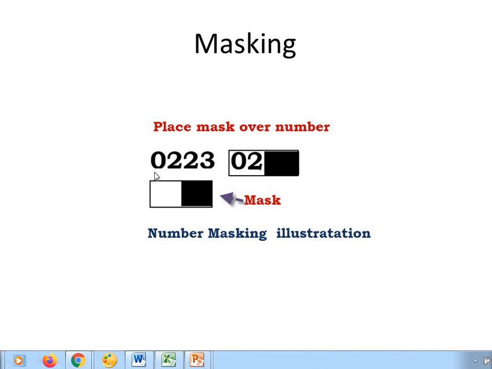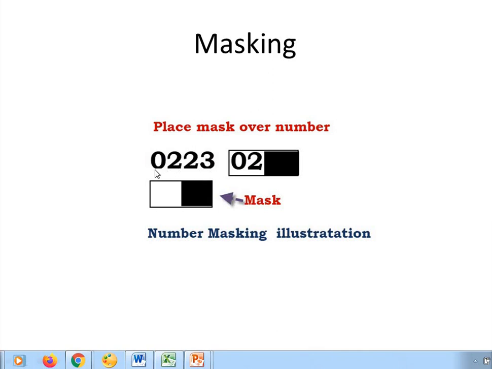Then how are we going to identify which is the lab number and which is the atom number? Here, 0 to 2 is less than 10, so you can easily identify. 23 is greater than 10, so you can easily identify this is your atom number in that particular class.